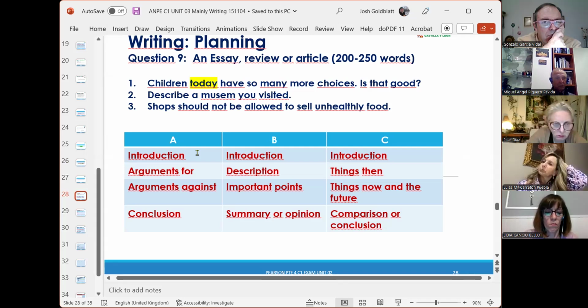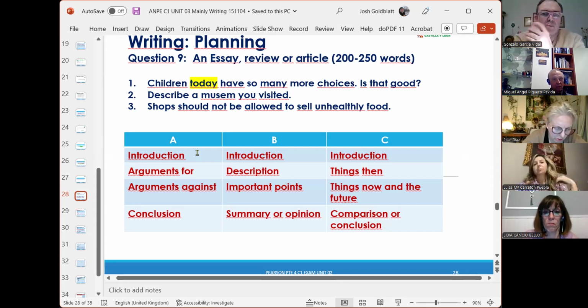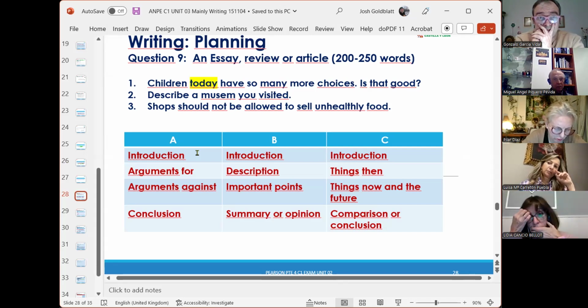Or it might be, remember when you said, this might be used for, you are planning a trip to your region for a group of middle-aged people. What are some of the things which you would recommend? And you all wrote about Salamanca, except one of you wrote about Madrid, which was fantastic. You mentioned the Temple of Debod and all sorts of other fantastic places too. Okay, so that was really good too. That would be model B.